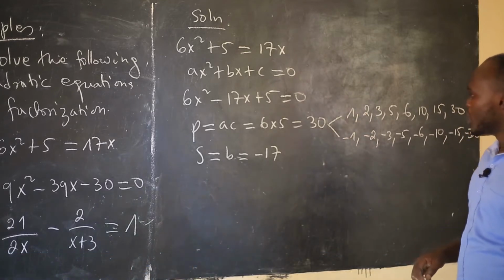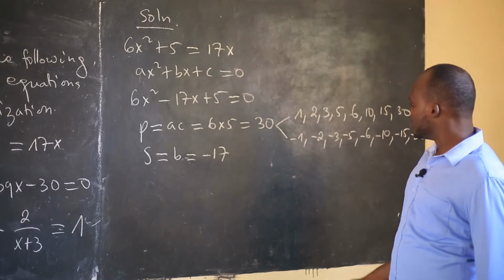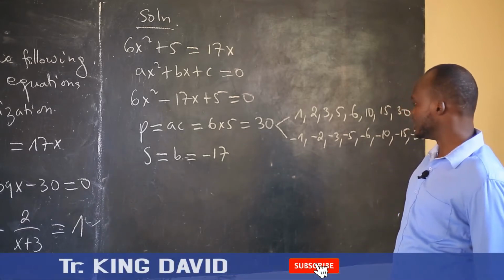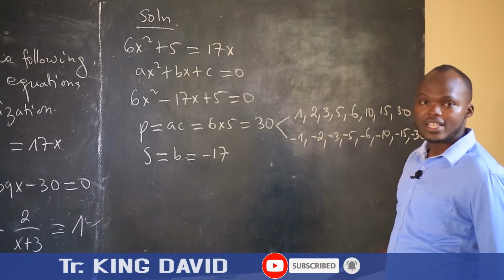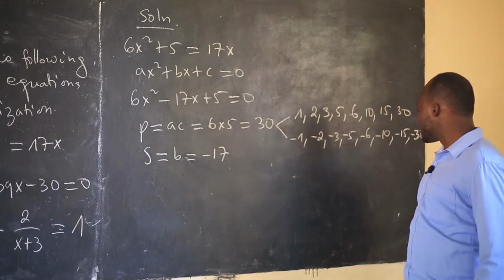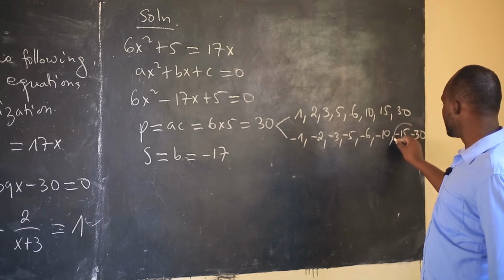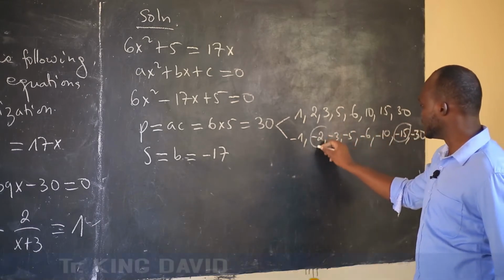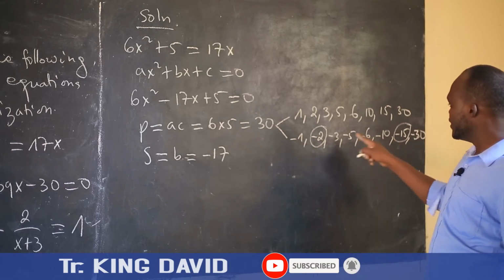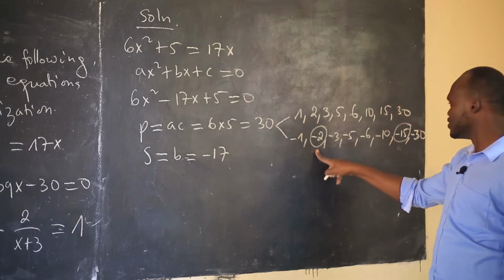Which numbers can we multiply to get 30 and add to get negative 17? Those two numbers are negative 15 and negative 2. Negative 2 plus negative 15 is negative 17, and negative 2 times negative 15 gives 30. So those two numbers are negative 2 and negative 15.